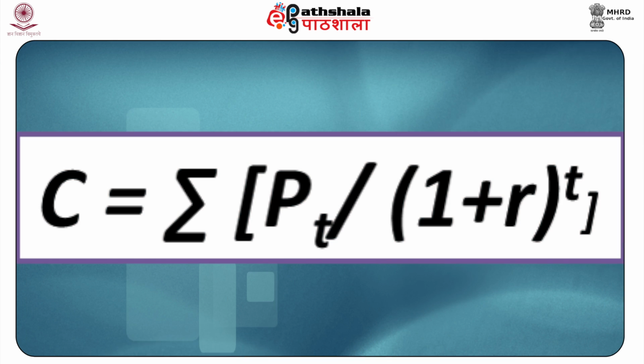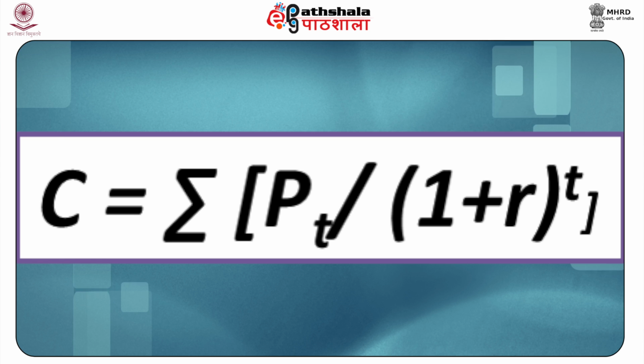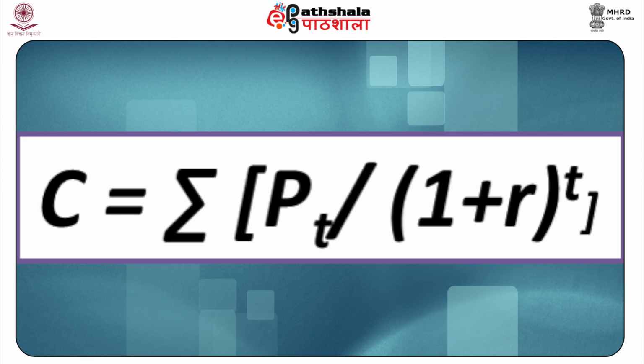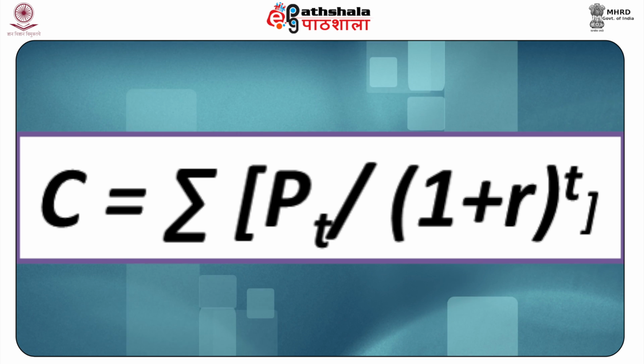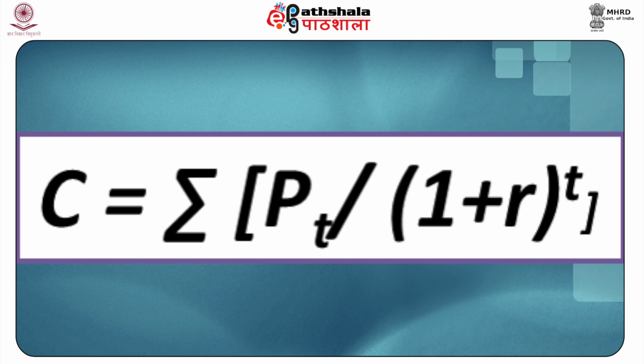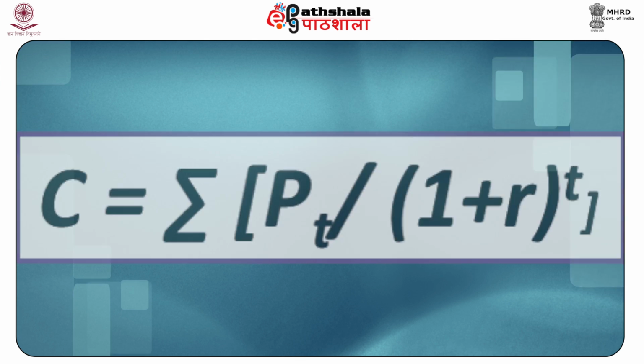It is the value of R in the following equation, that is C is equal to summation Pt upon (1 plus R) to the power t. Here C is the initial capital investment, Pt is the net cash inflow in the time period t, where t ranges from 1 to n, and n is the life of the project.